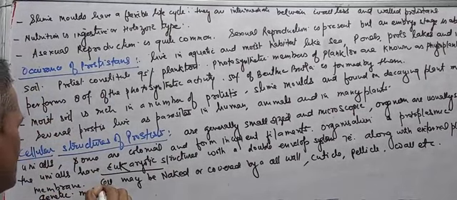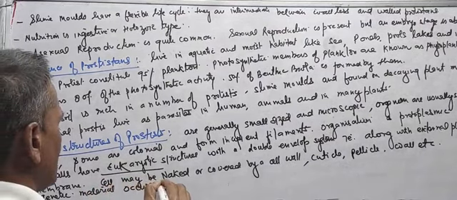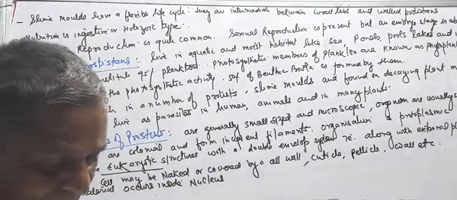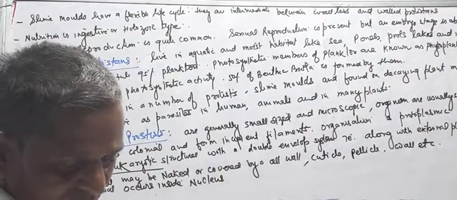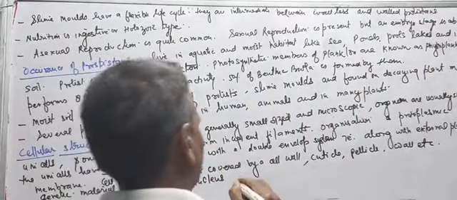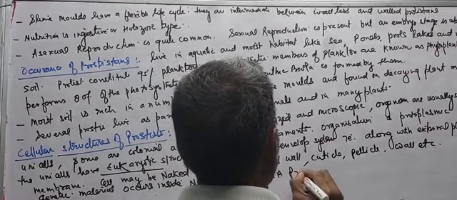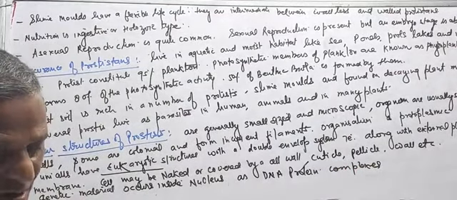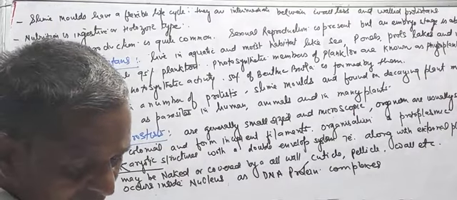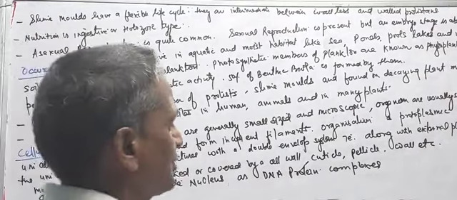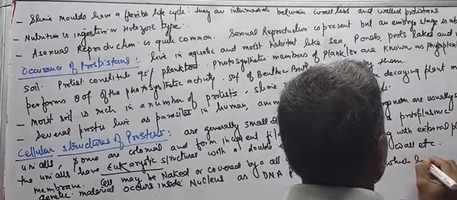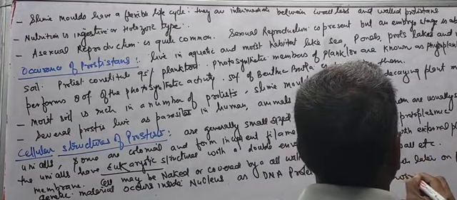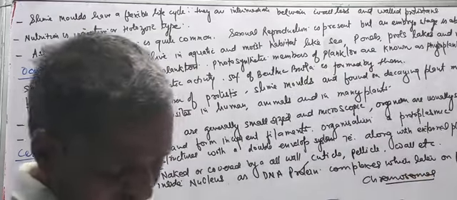Genetic material occurs inside the nucleus as DNA protein complexes, which later on produce chromosomes.